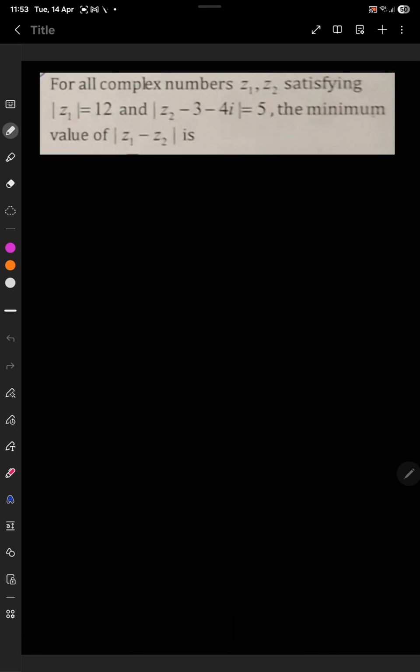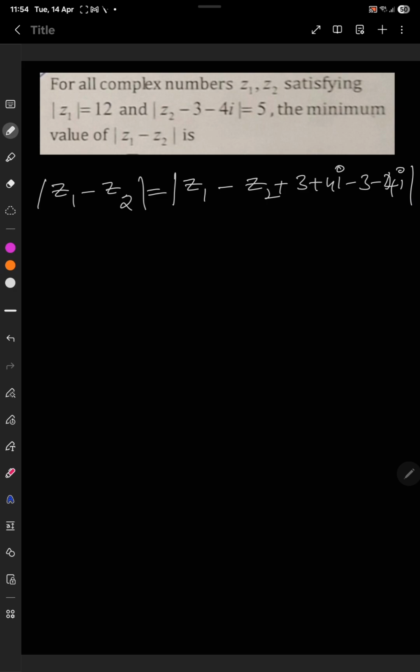And in this problem, given that mod z1 equal to 12 and mod of z2 minus 3 minus 4i equal to 5, then the minimum value of mod of z1 minus z2. So mod of z1 minus z2 can be written as mod of z1 minus z2 plus 3 plus 4i minus 3 minus 4i.